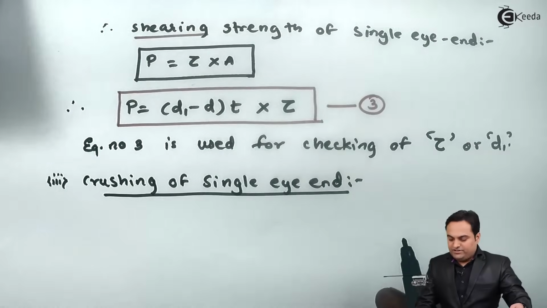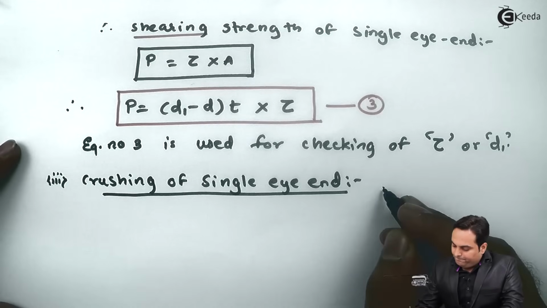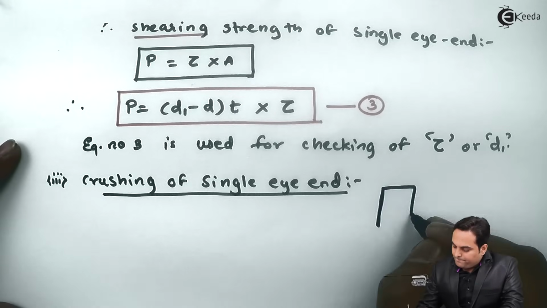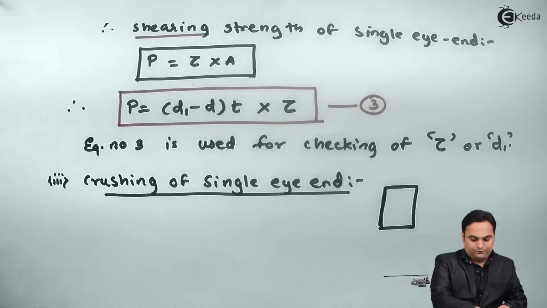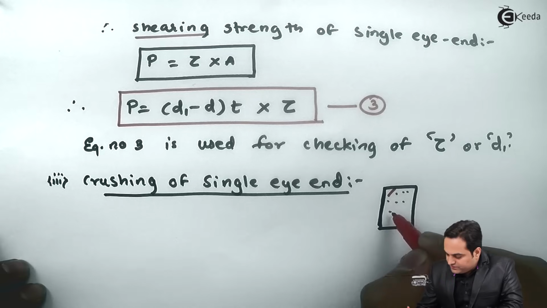So here I will draw the crushing failure diagram. The area which we would be getting is the projected area which will get crushed like this.